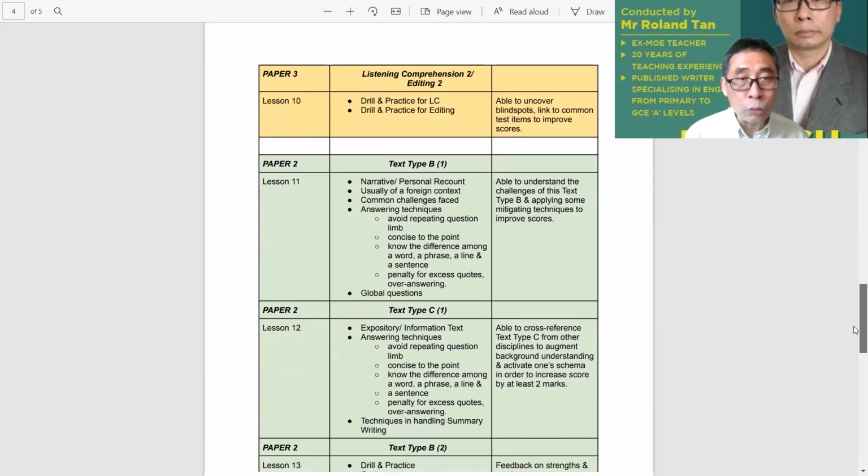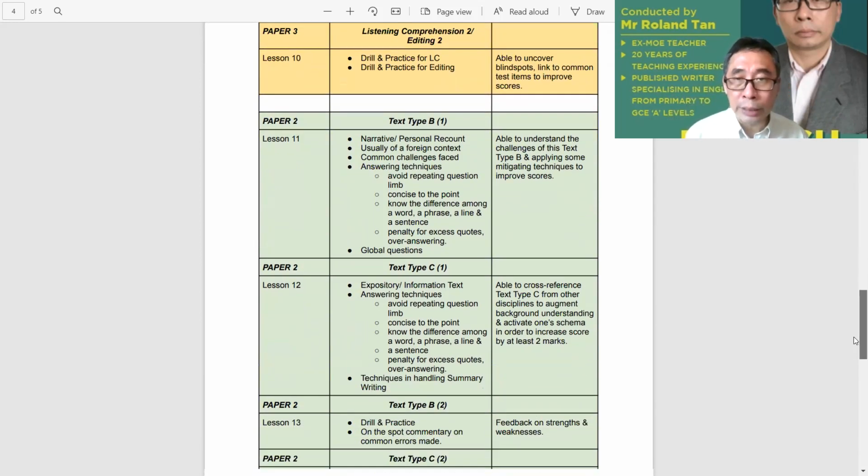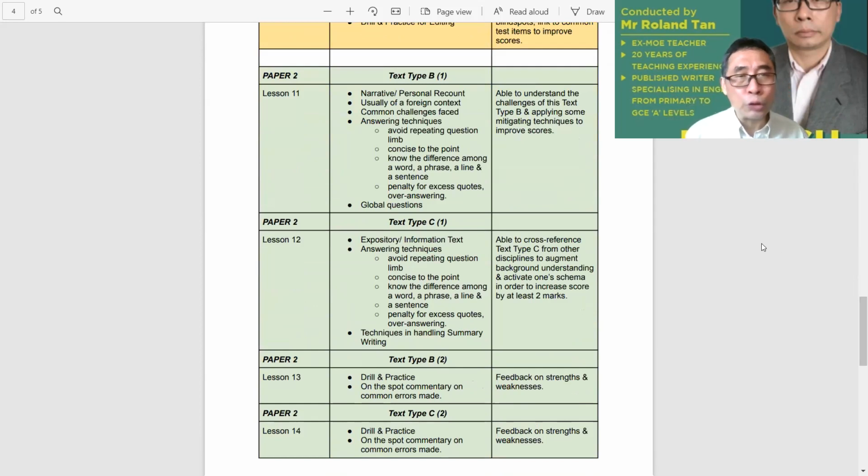Then we are back to paper 2, text type B, which usually comprises a narrative or a personal recount. This is by far the most challenging text for most students, not least because it is usually written in a foreign context, with an alien culture and customs that our local students might not be very attuned to.